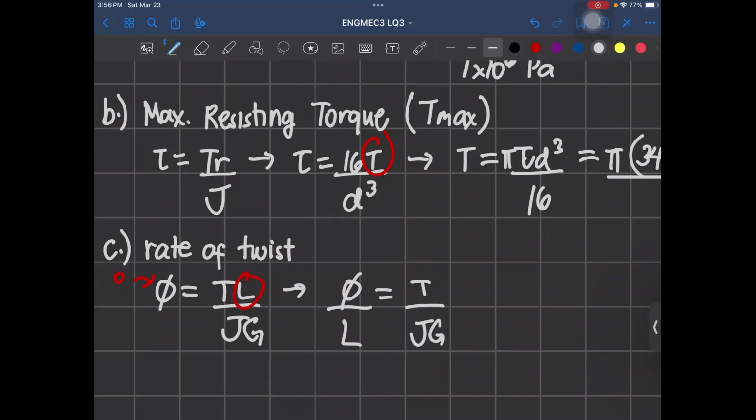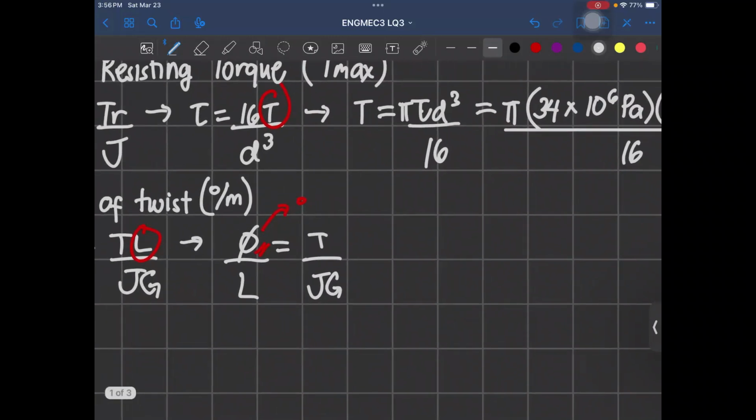And the units here would be degrees per meter, considering that the value we get here is converted to degrees. So in this case, our answer has to be in degrees per meter. Well, let's get to it.